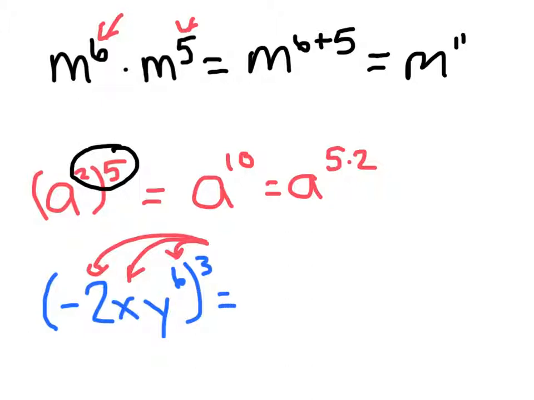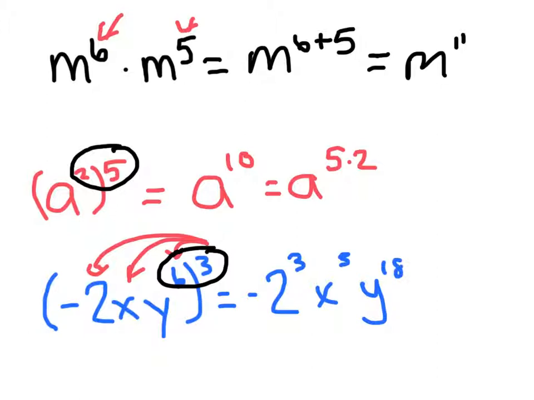So we're going to have negative 2 to the 3rd, x to the 3rd, and then for y, we have to observe our rule that we just learned, which is that the 6 and the 3 need to be multiplied together. So 6 times 3 is 18. So we have negative 2 to the 3rd, x to the 3rd, y to the 18th. Okay, that's great. We can take it one step further, and we can say negative 2 to the 3rd is actually negative 8. So negative 8, x to the 3rd, y to the 18th.